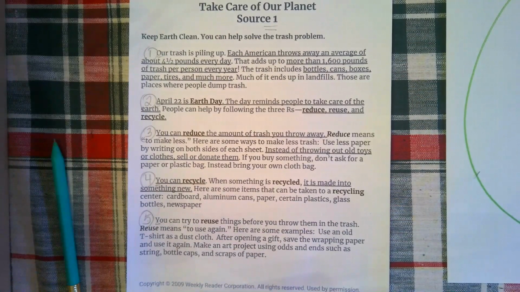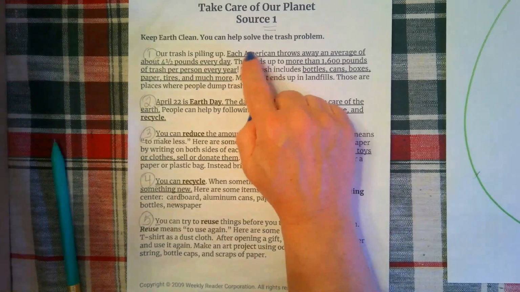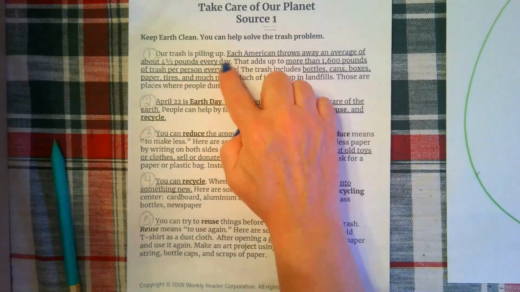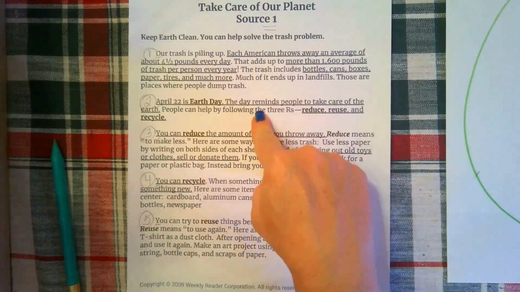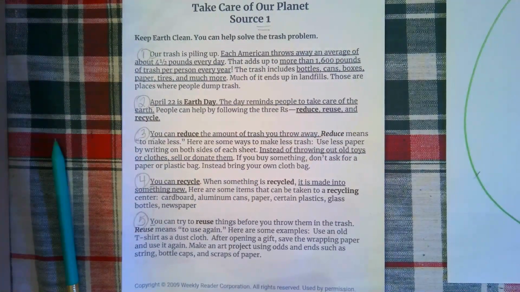Starting the second read, the teacher will read and think aloud about the details that he or she will underline throughout the first two paragraphs. The students will then record the underlined information on their circle maps.